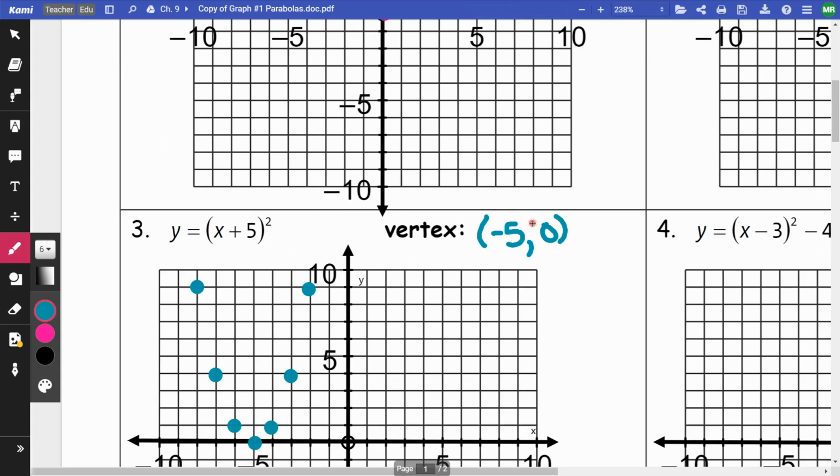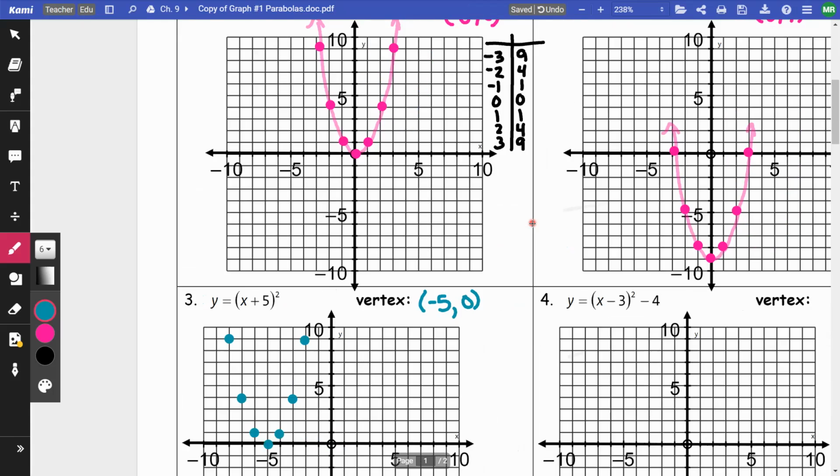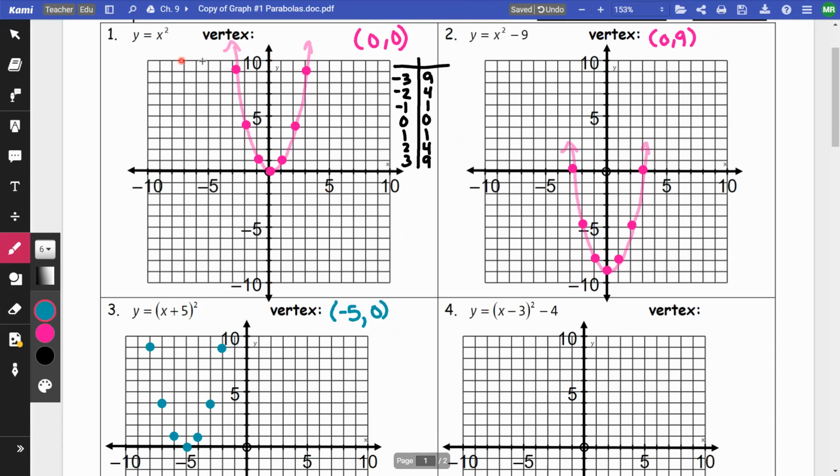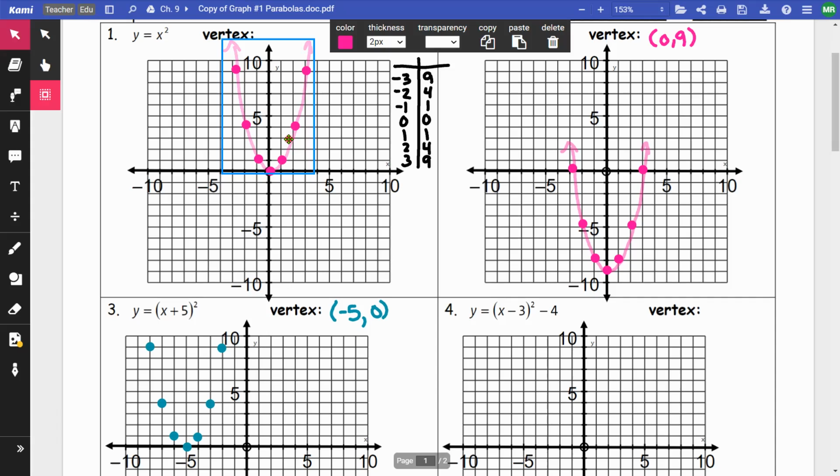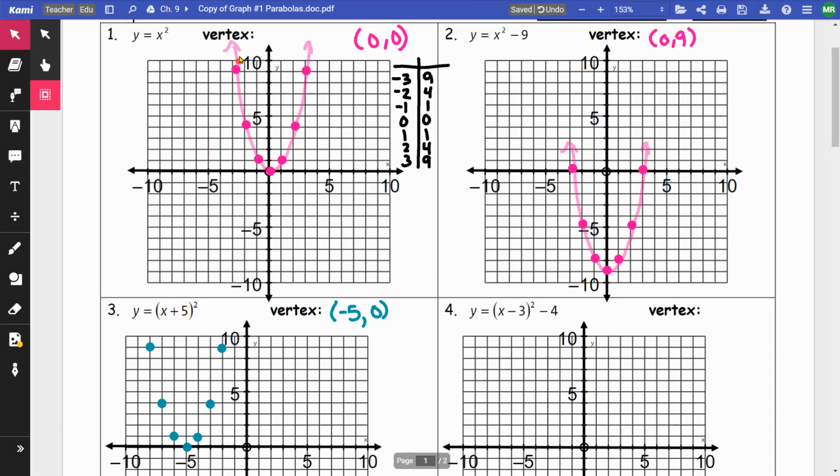Now I'm going to take this other parabola that I had done up here. Let me get that again. Here, let me also get the points. Yeah, I'll do this one here.